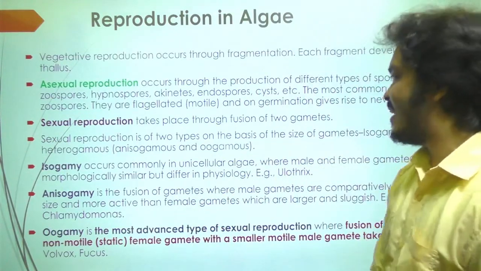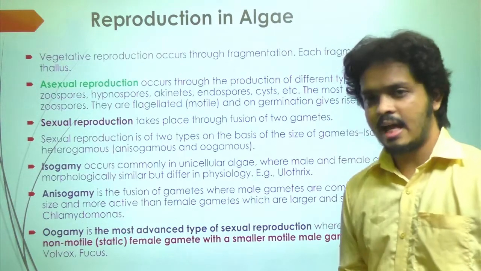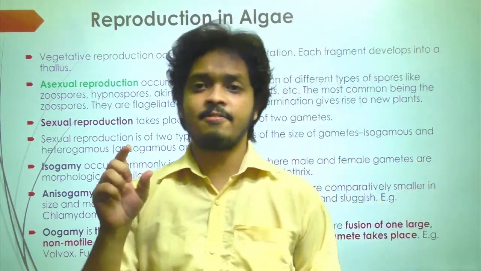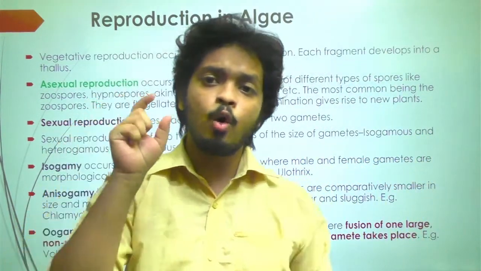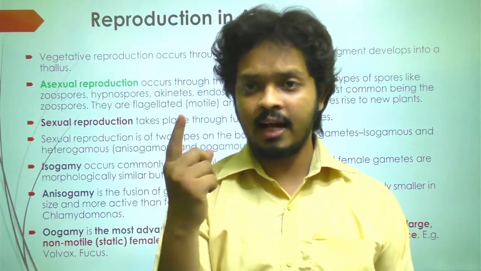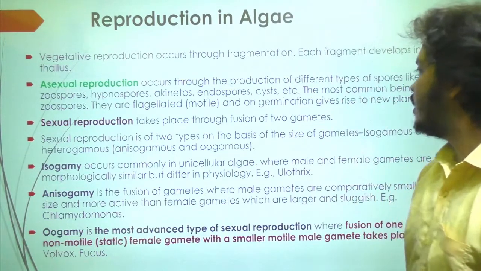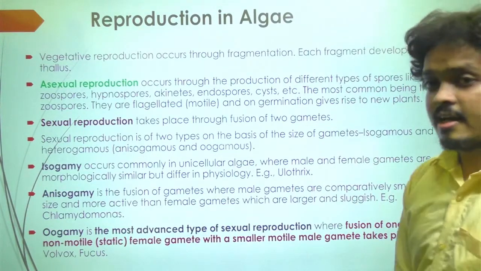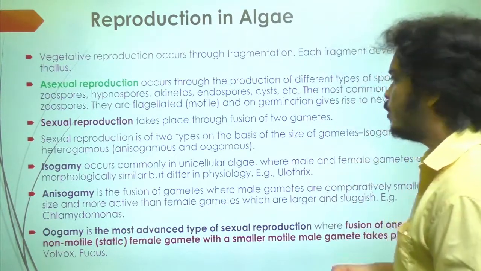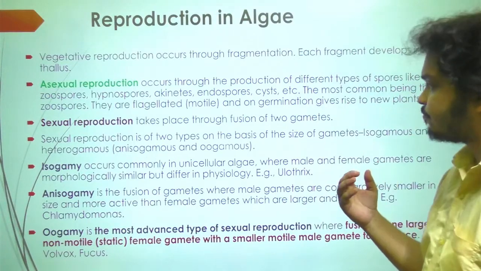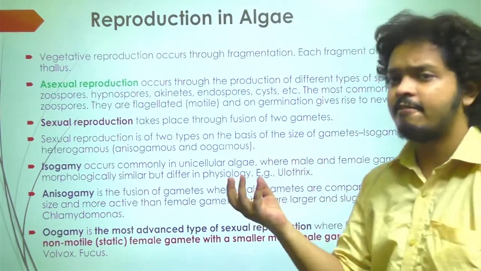Alright, they are flagellated, that is motile, as I told you before. Anything that has a flagella has a locomotive structure. The flagella rotates and the body moves. So zoospores are flagellated and on germination give rise to new plants. Now why do these zoospores have flagella?